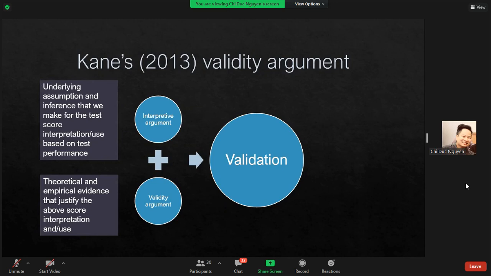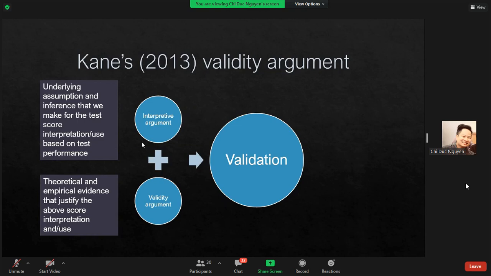For this claim, I have to collect some relevant evidence in order to justify it. For example, I can go back to this student and interview him or her about whether he was actually engaged in doing the test in the previous session or not. In this way, when he was truly engaged in the test, I can make the assumption that his score here truly reflects his true ability. So that is about the first one.